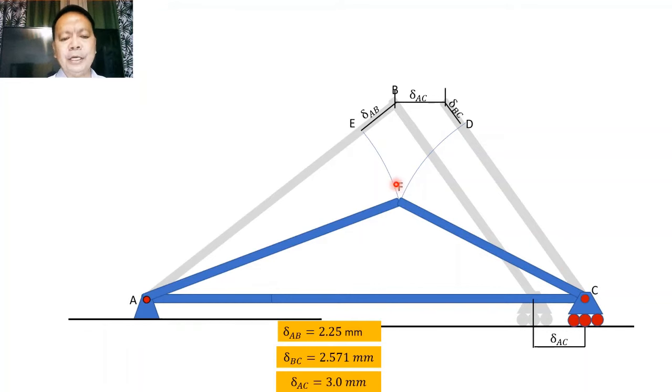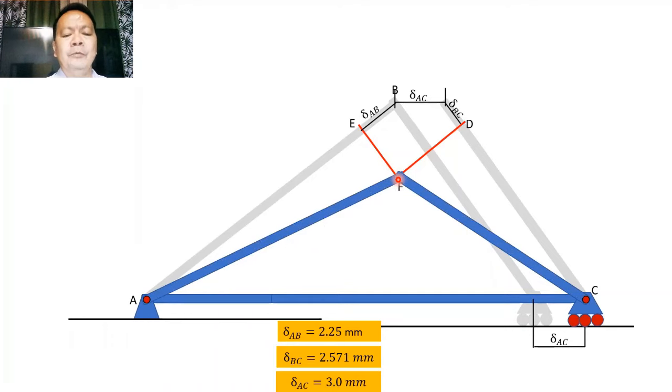Showing that perpendicular line, we can now show the actual position of F, when the arc length is imagined to be a straight line. This position becomes the actual position of point F.